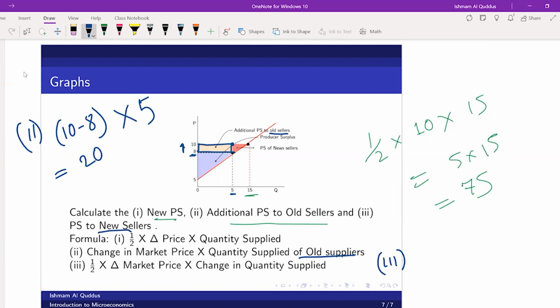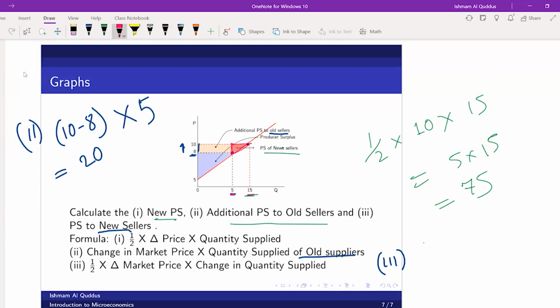Now what about number 3, the producer surplus to the new sellers? It is just the new sellers, this triangle area. They are the new sellers, and this represents the producer surplus of the new sellers. As the price increases from 8 to 10, the quantity supplied increases from 5 to 15.